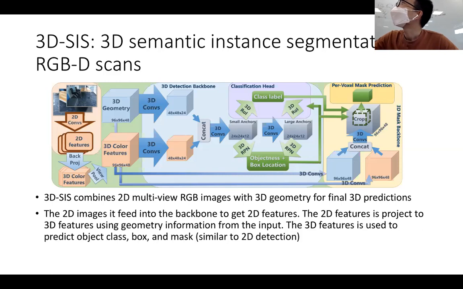Okay. And from the 3D features, they have geometry and color. As I told you, geometry means X, Y, Z, the coordinates, and color features mean RGB, the color. They put these into 3D convolution and concatenate.